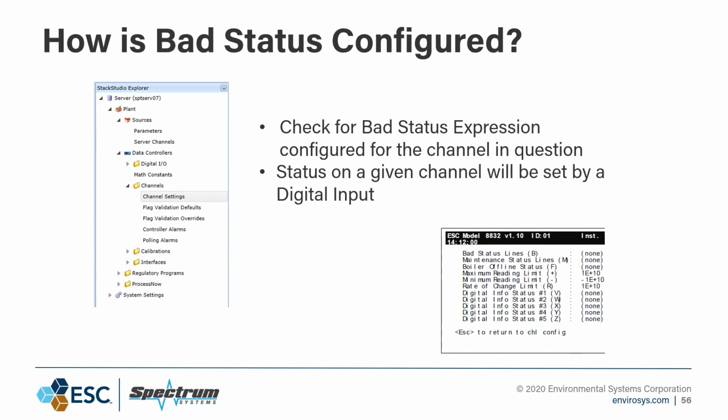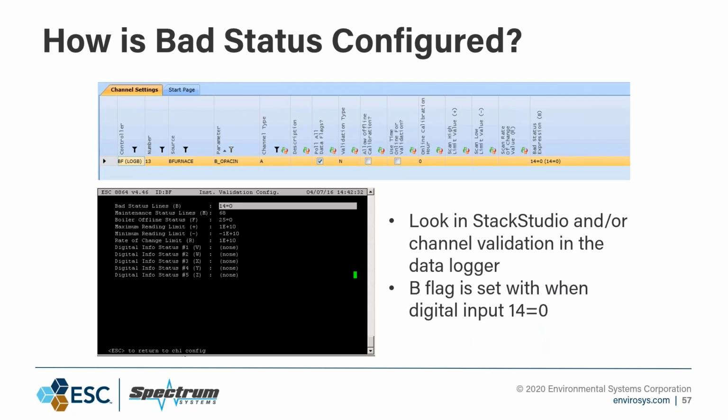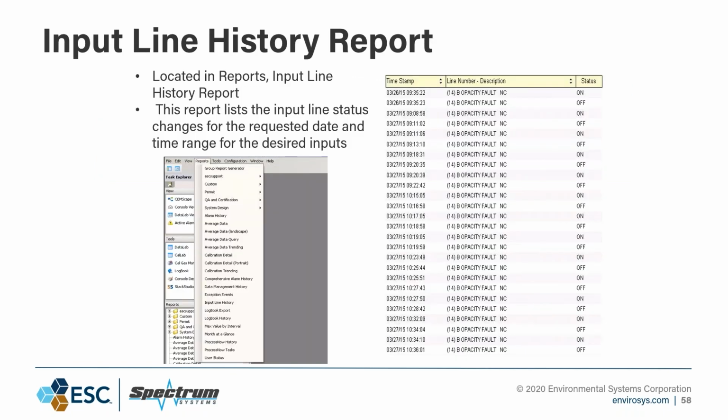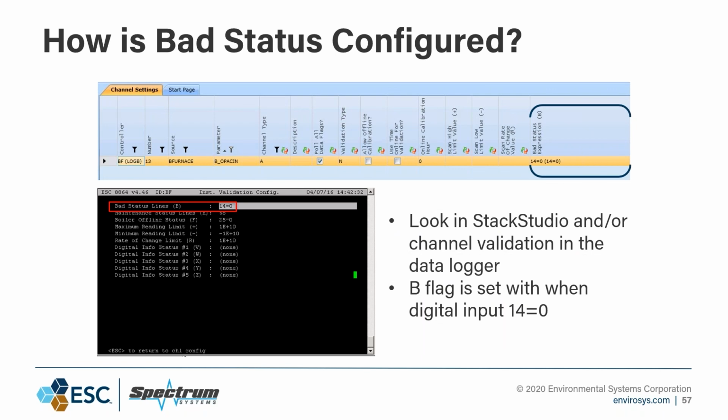Bad status is configured in the controller and in Stack Studio, of course. Check for the bad status expression in Stack Studio and in the data controller. In Stack Studio, the expression is 14 equals 0, same as in the controller.